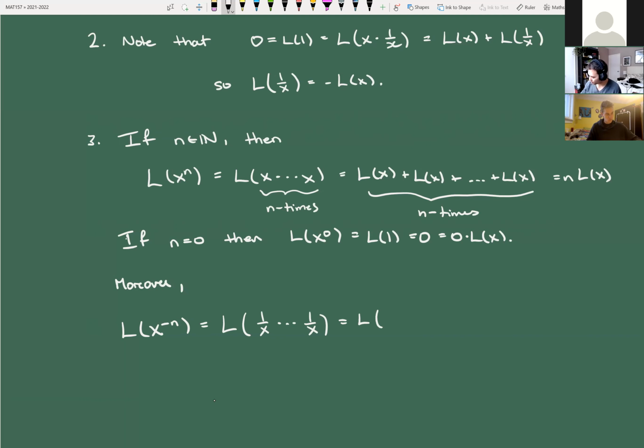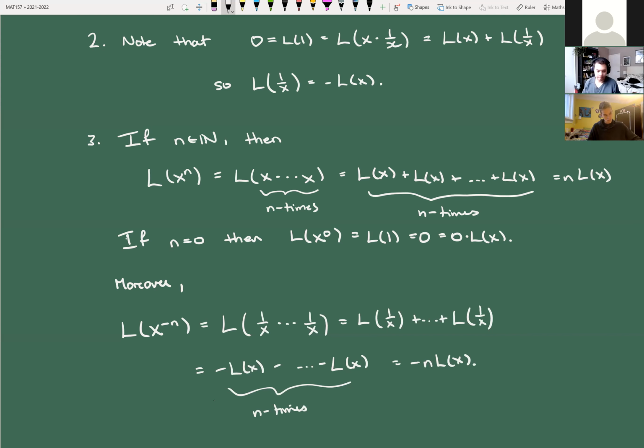We're going to split that up, 1 over x, 1 over x. By part 2, these are just negative L of x's. And we do that n times. So that gives us negative n L of x, right? Okay. So it's true for every integer.